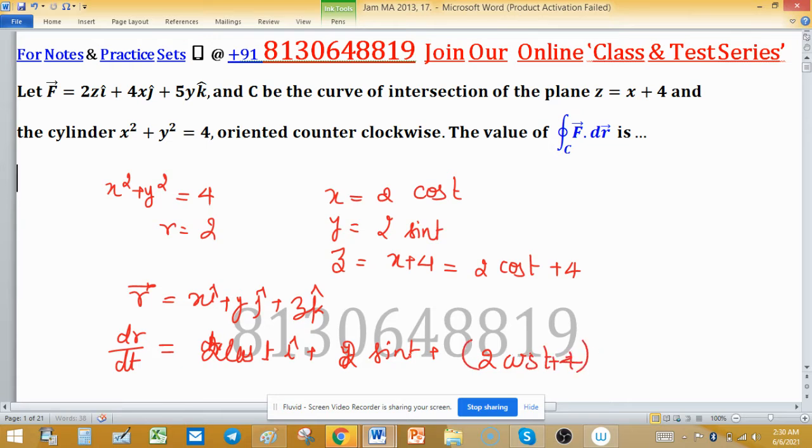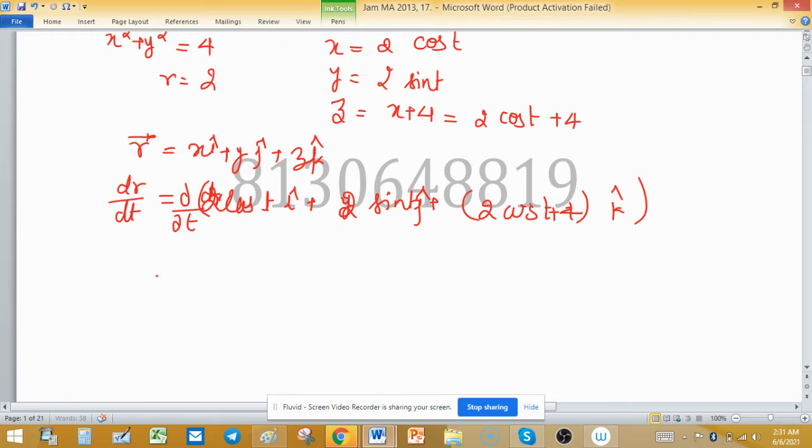We need to take its differentiation with respect to t. It will be minus 2 sin t i hat plus 2 cos t j hat plus, minus 2 sin t k hat, because the derivative of cos is negative.